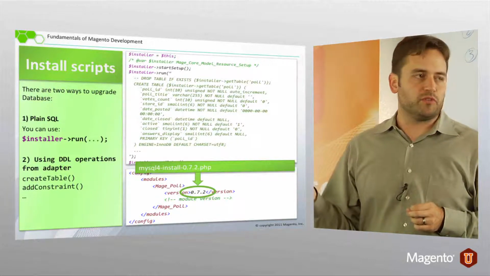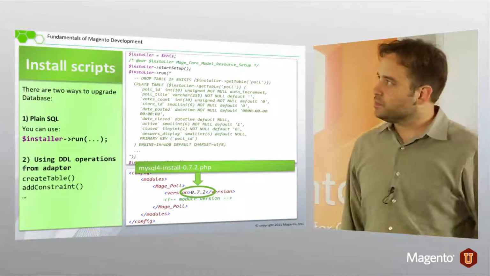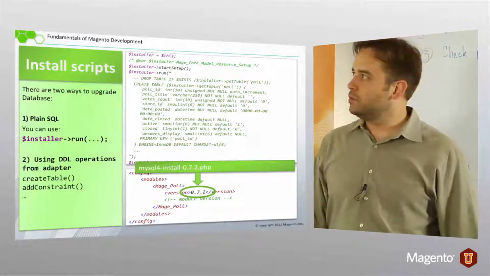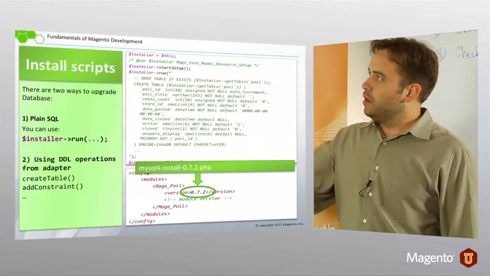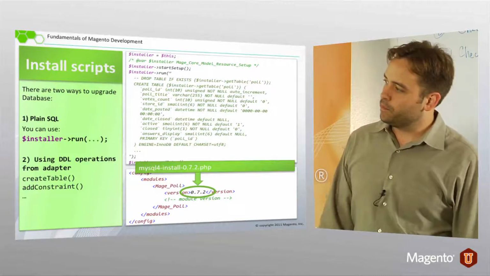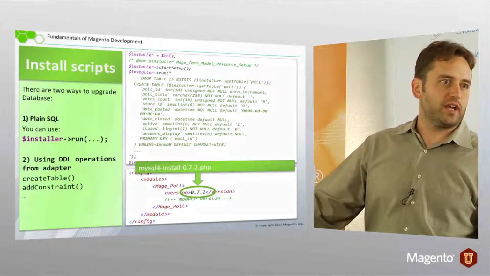This is why you wouldn't reference your table name directly. And then this is just simple SQL. So start setup, run, end setup, and this is what the version number configuration looks like.